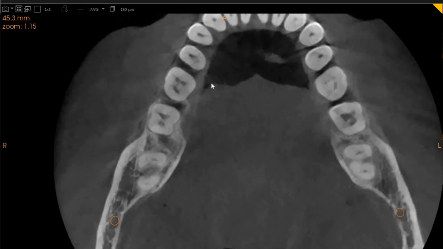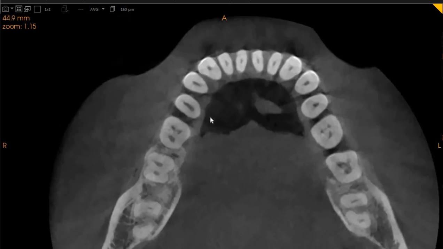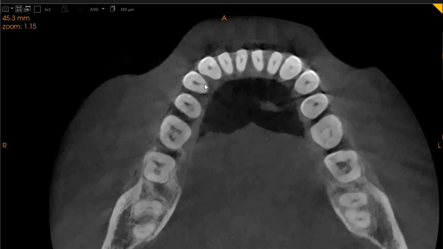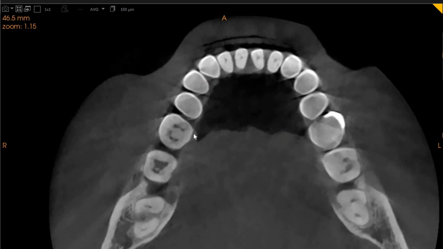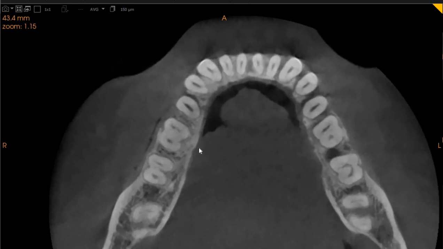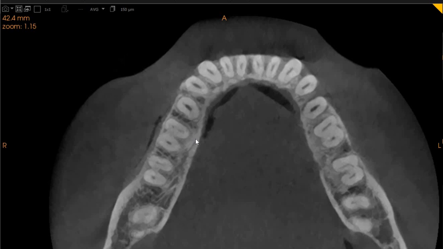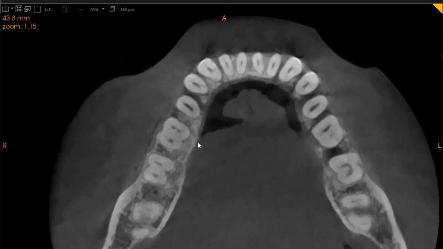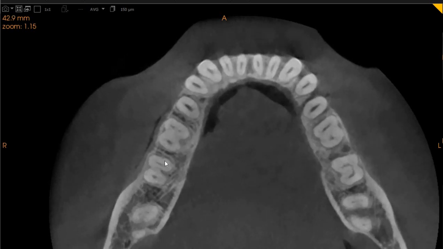Something to be noted is the lower right area. This line right here is the lower right first premolar. This shows a cracked line here, but this again needs clinical correlation if the patient has symptoms towards the lingual aspect of the lower right first premolar. The other thing to note is this particular line here in the distal, which can be seen right here.